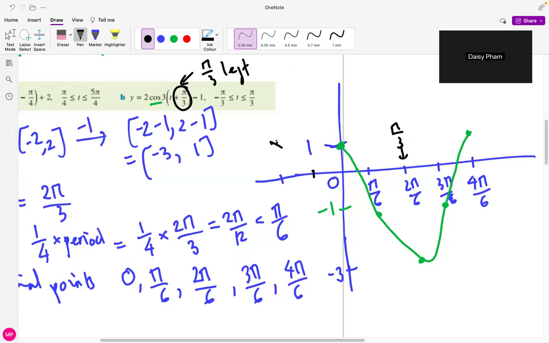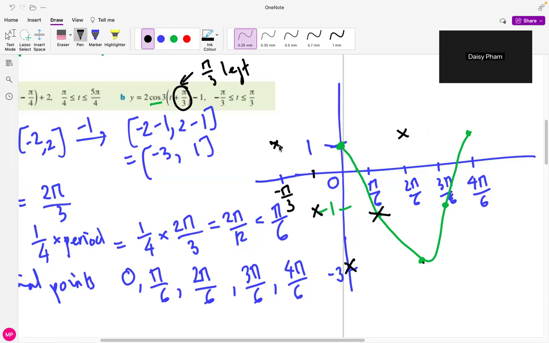So this point you move π/3, so you move 2 scales, 1, 2, and it becomes here, which will be -π/3. The same thing, this point you move 2 scales, 1, 2, and it becomes here. This point, you move 1, 2, it becomes here. This one you move 1, 2, it becomes here. And the last one you move 1, 2, it becomes here.